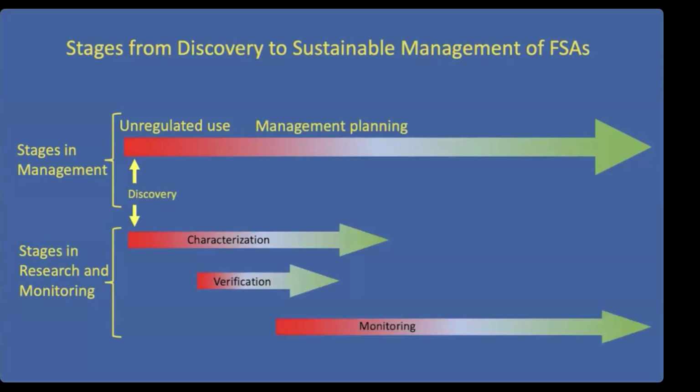And you can see there's some overlap in all of these activities. It's a nonlinear process. But if things go well, management could be enacted, either a marine protected area or seasonal closure or other measures. And ideally, enforcement might ensue, which could lead to sustainable management.